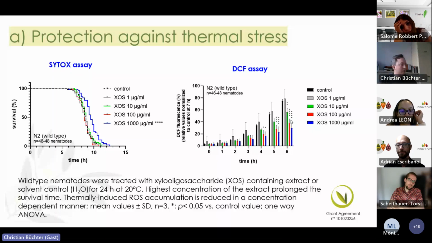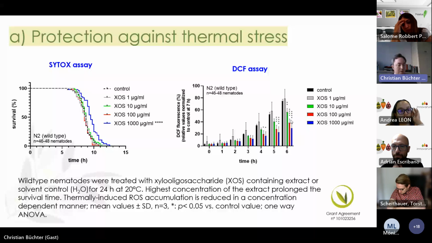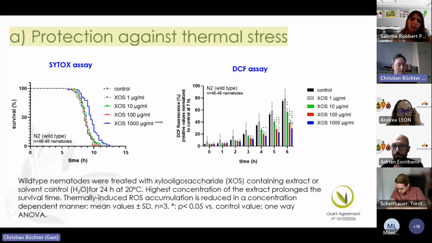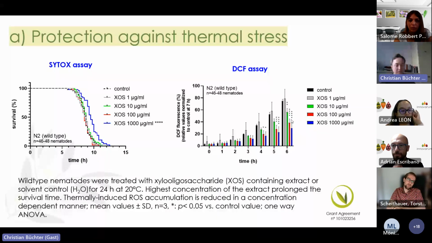Here we found that the highest concentration of this extract, that's called XOS, induced a protective effect in this assay. And on the right side is the DCF assay, where we measure the intracellular generation of reactive oxygen species. Here we also found that this extract has antioxidant activity in our in vivo model.